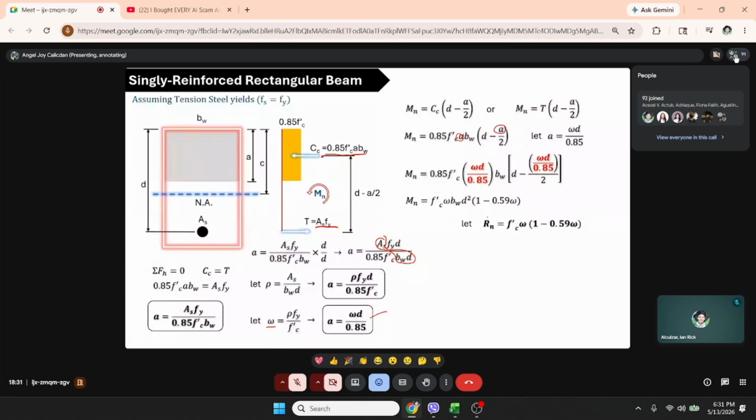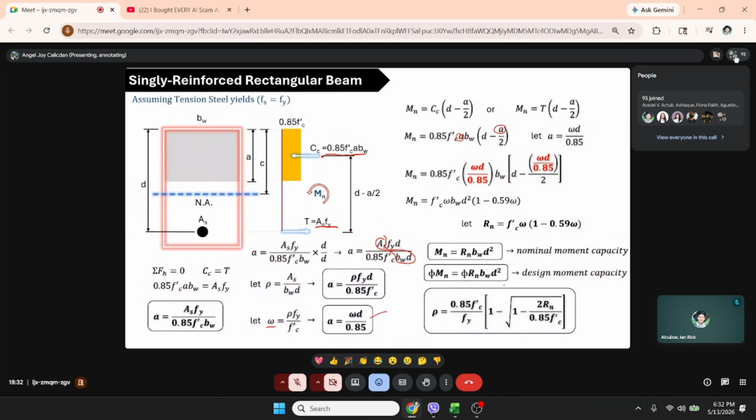And if you let Rn equal to fc prime omega times 1 minus 0.59 omega, Rn is also known as the coefficient of resistance. And you have Mn equals Rn bw d squared, which is the nominal moment capacity. And for the design, we have phi Mn, you multiply phi for the reduction factor, so that we will have the design moment capacity.